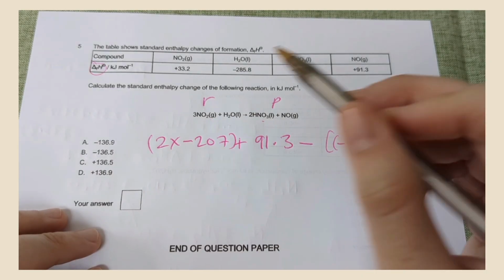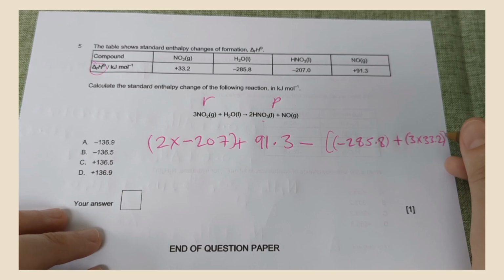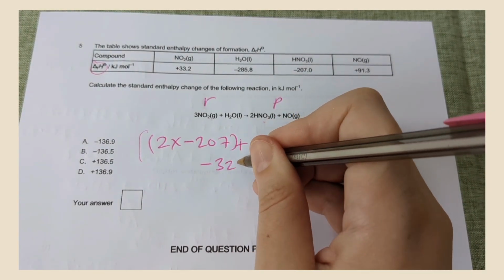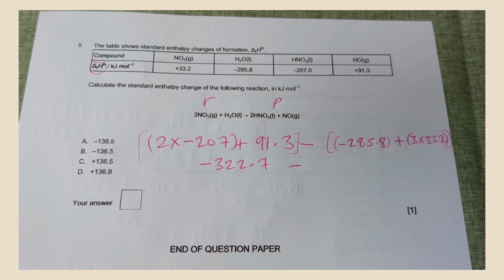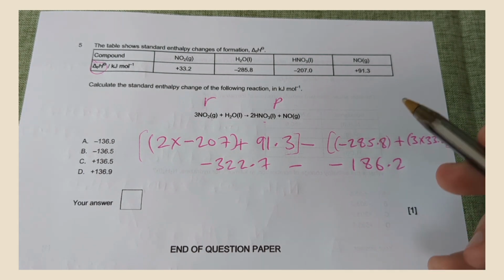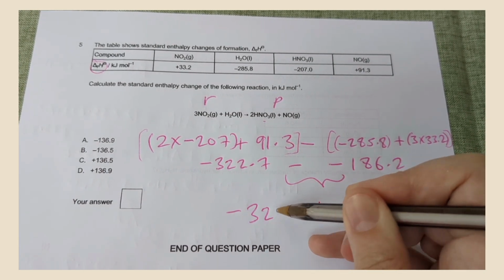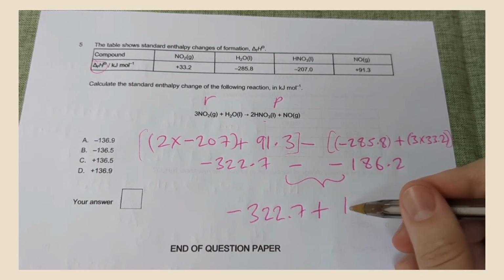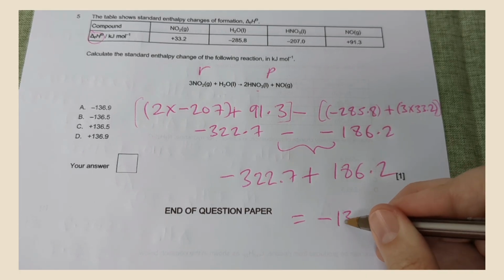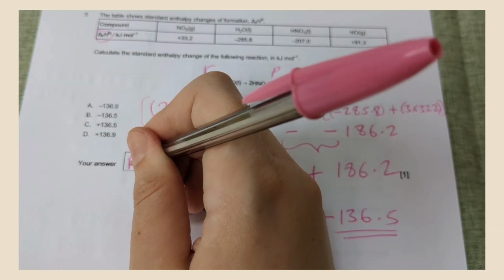And we've got 3 NO2. Now, whenever we end up with a minus minus, that makes a plus. So the correct answer is minus 136.5, which is B.